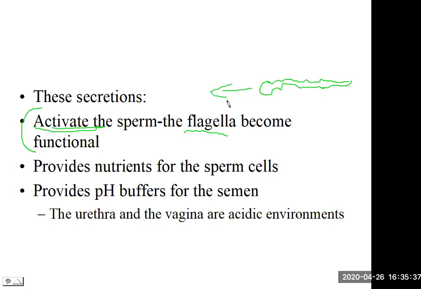Again, this is a cell that's designed to exit out of the male body and pass into the female reproductive tract for fertilization. So as the cell leaves the body, these fluids provide an energy source so that the cells can continue their metabolism and continue to function, as well as protecting the sperm cells as they pass through the urethra.